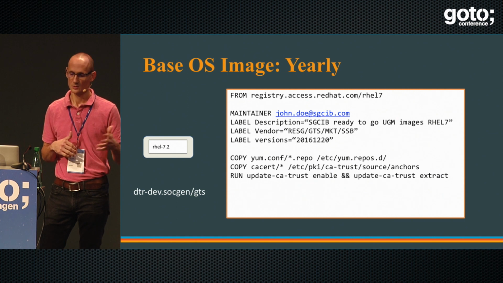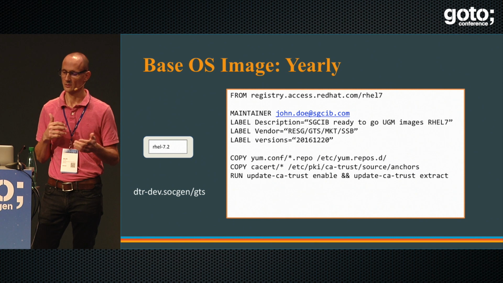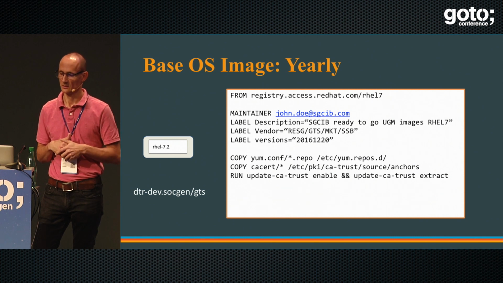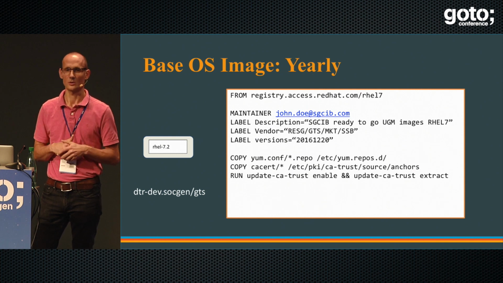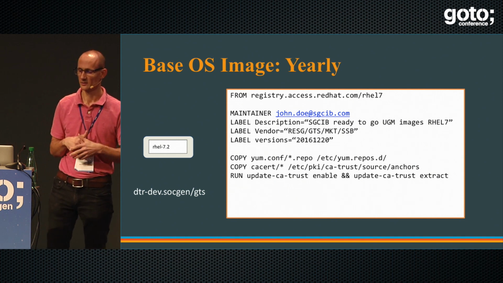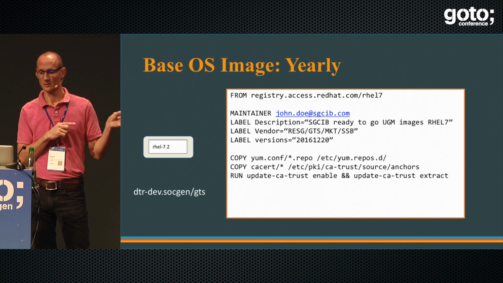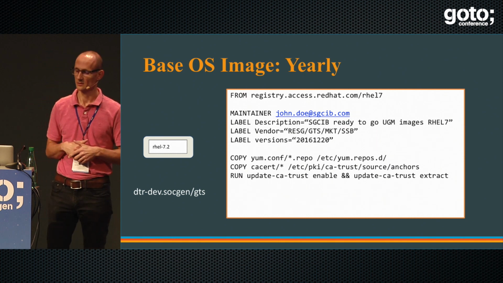And they also put some configuration for the YUM repositories, which will decide which packages can be installed in our own Docker files. Obviously, not all of them are authorized. And also which certificate authorities can be trusted.